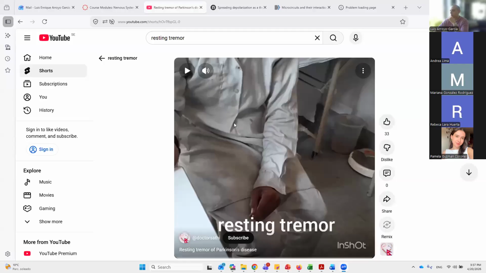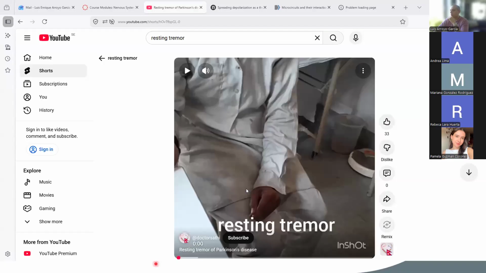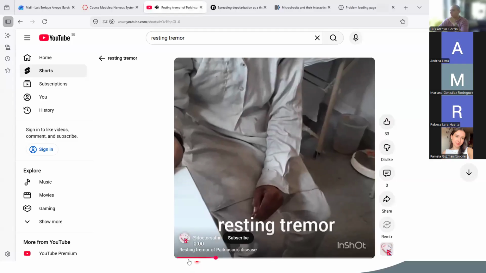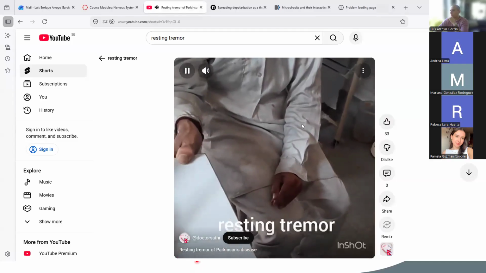So this is the resting tremor, for some of you that haven't seen it before. You don't need to listen to anything, but this is just a patient.